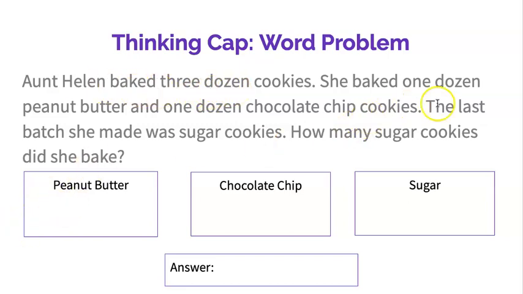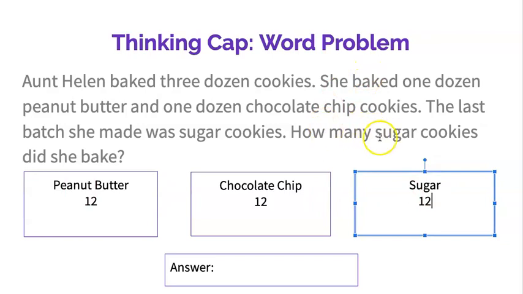So if she baked 1 dozen peanut butter, that means we would have 12 peanut butter cookies. And then it said she baked 1 dozen chocolate chip cookies. That would be another 12 cookies. And then the last batch she made was sugar cookies. So that would also be 12.